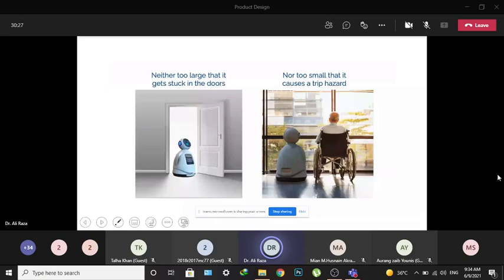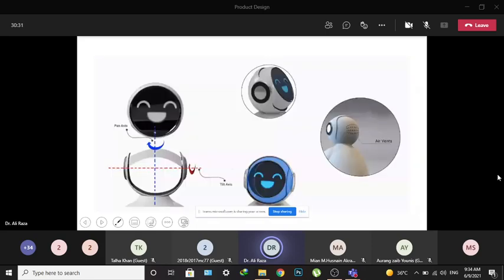And moving on, because we have already discussed the expressions, but we have not discussed the capability of this head to have movements. Our own head, if I draw your attention to it, we can look up and down. This is called the tilt, and then you have the pan movement, which goes sideways.